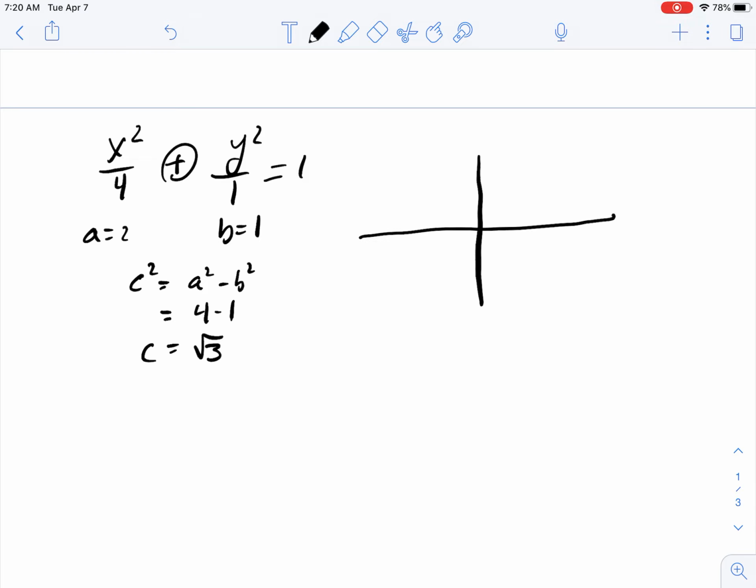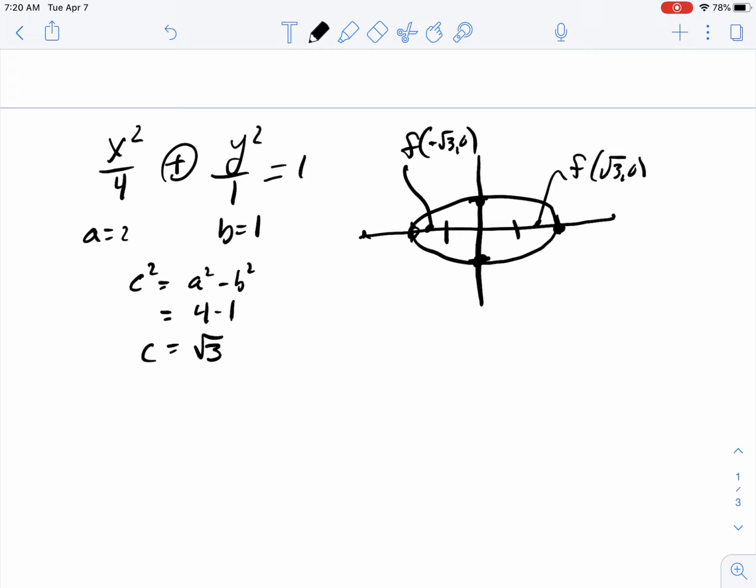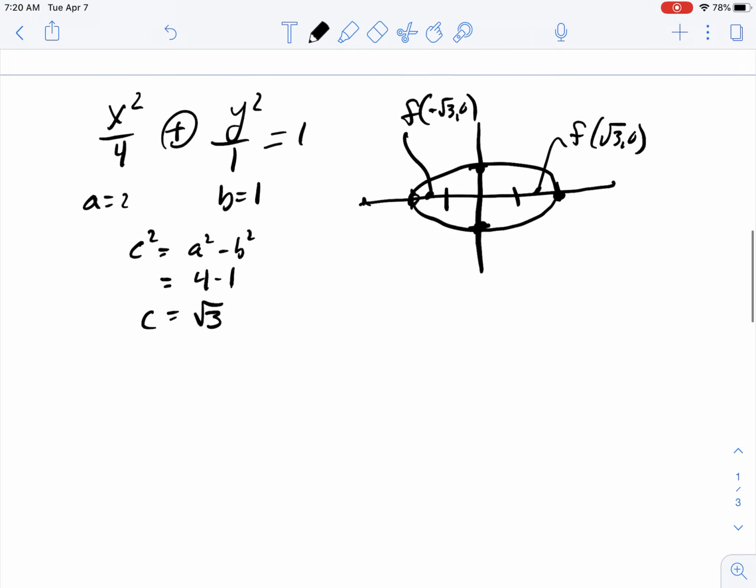Graphing this out, about 2 units each direction, 1 unit up on my y, and this would be somewhere in here. Your focus would be negative root 3 comma 0. Other focus root 3 comma 0.